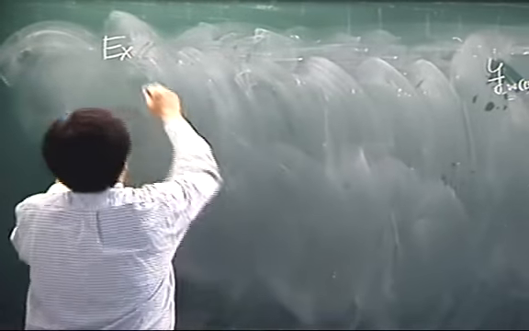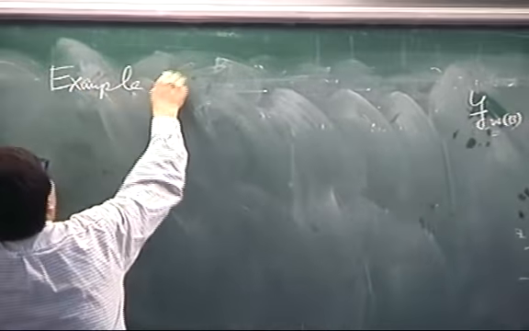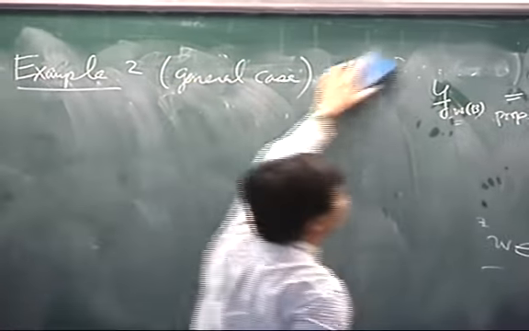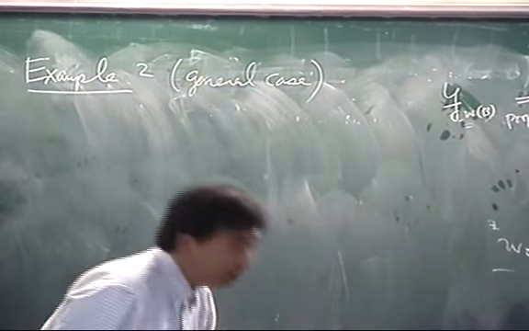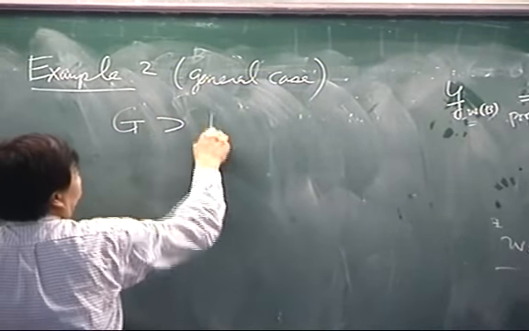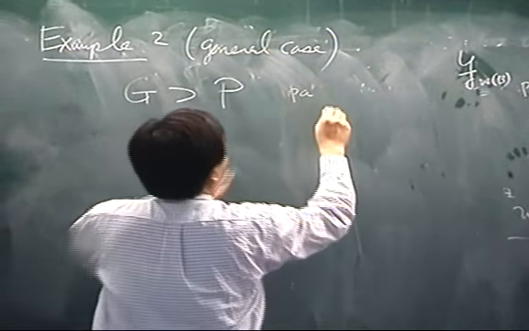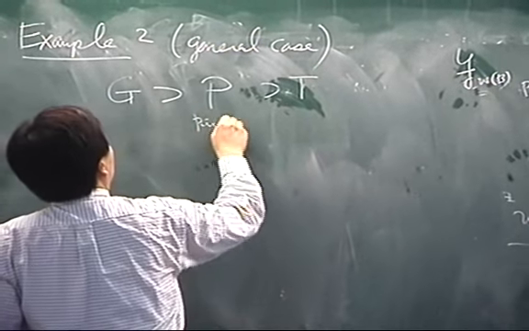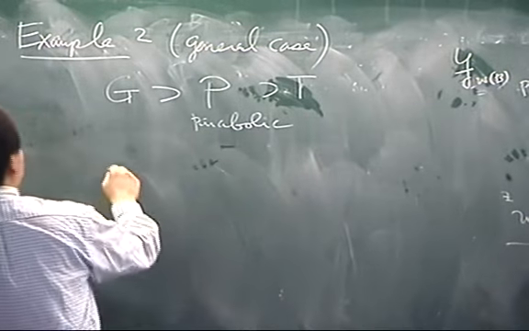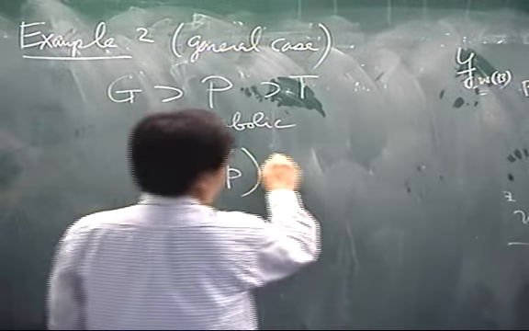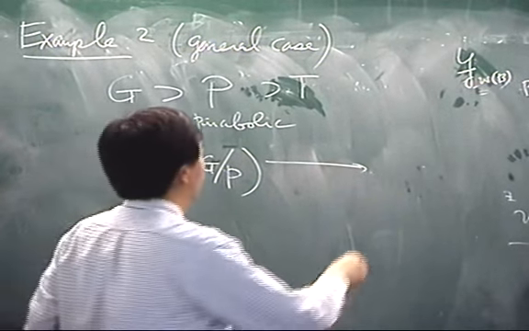But the more general case, I will not explain in detail. So if you start with an arbitrary parabolic subgroup containing a maximal torus, then you have the following generalized Springer map.